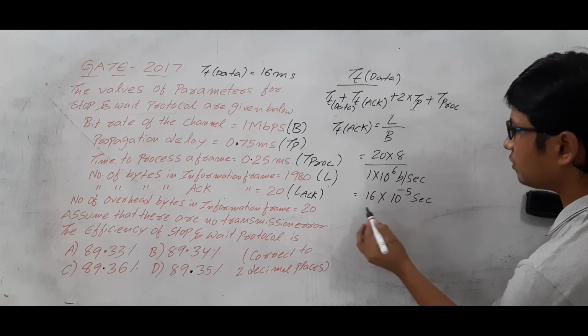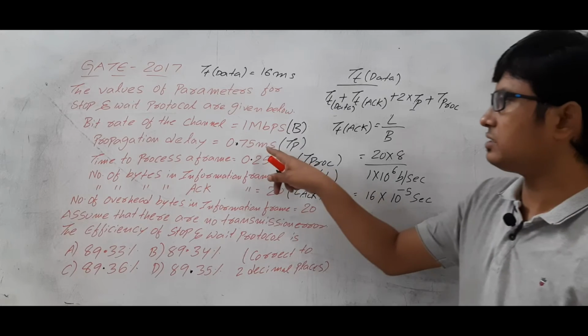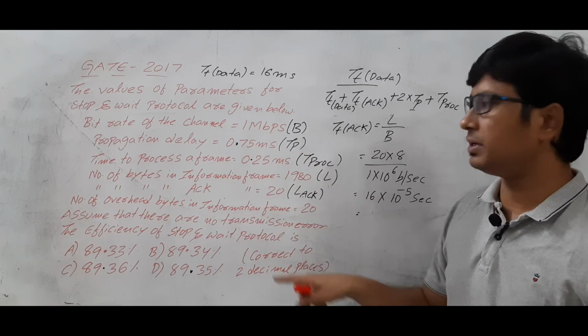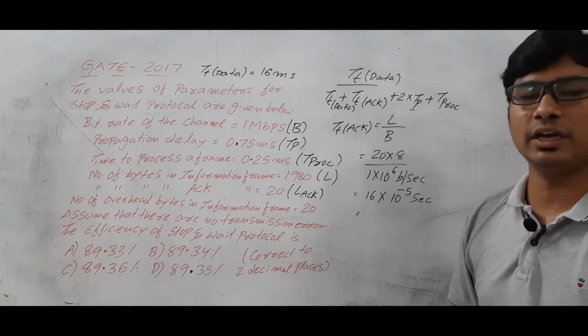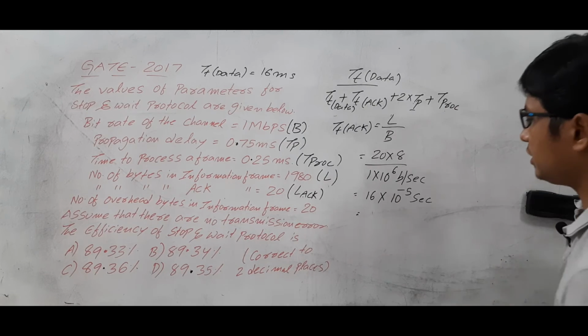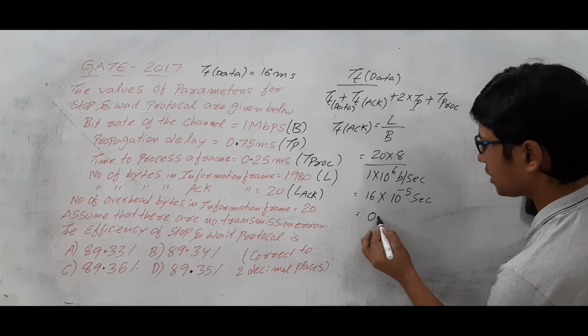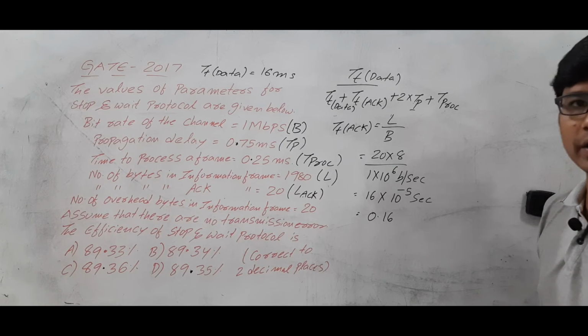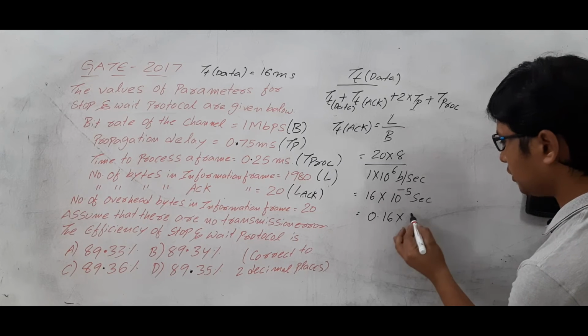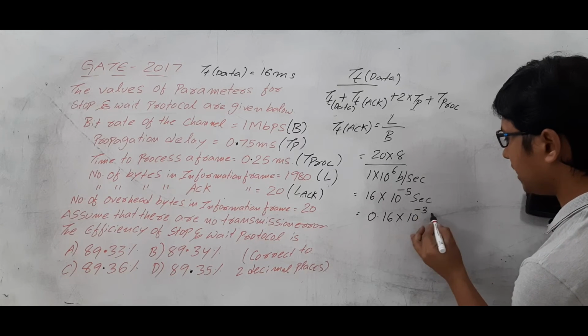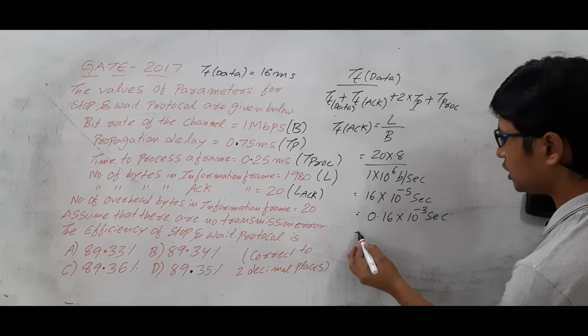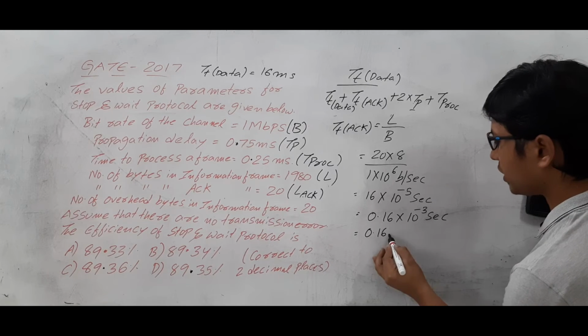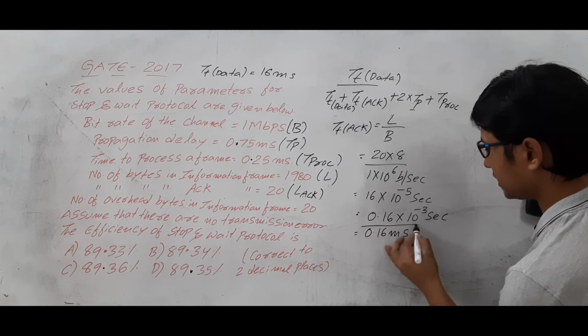But I need to convert everything into milliseconds because the propagation delay they have given is in milliseconds, and the processing delay also is given in milliseconds. So if I convert into milliseconds, I can write it as 0.16 into 10 to the power minus 3 seconds, which is equal to 0.16 milliseconds.